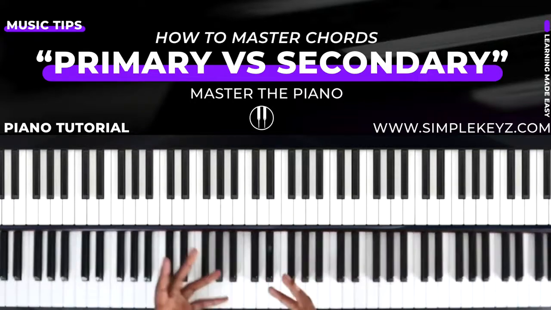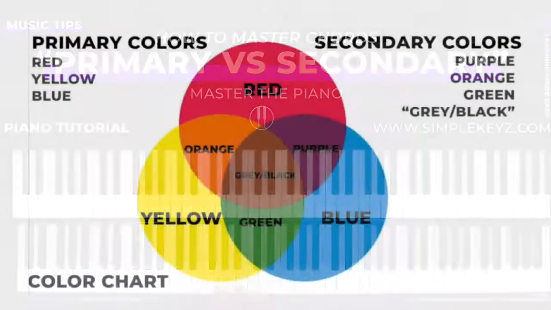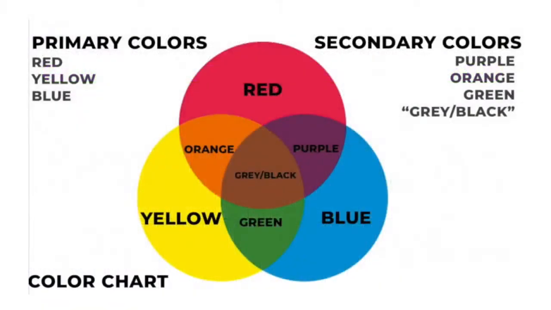So if you know anything about colors, I'm going to put up an image of the color wheel. Usually the primary colors are, I believe, red, yellow, and blue. Those make up the vast hue of colors that we know, right? So we have red, yellow, and blue, and these make up all the other colors.